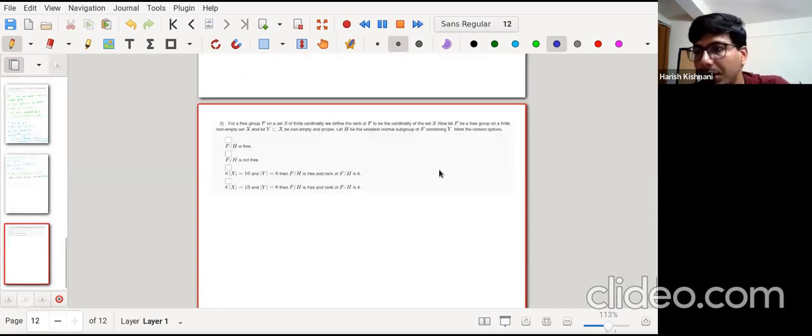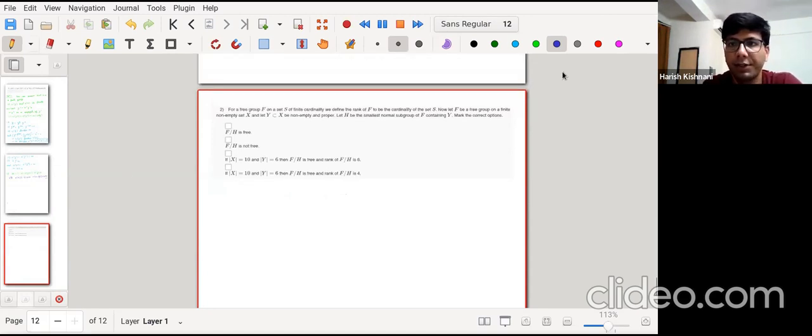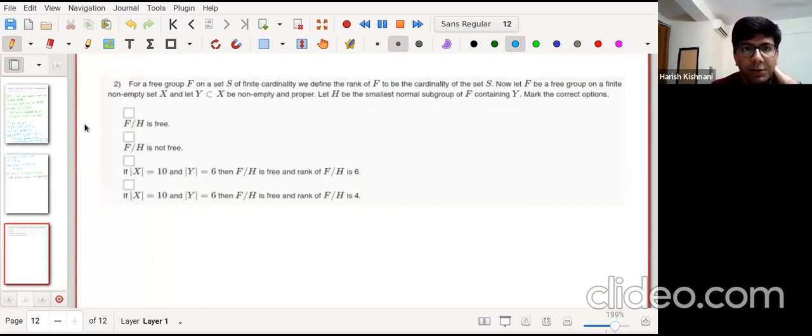So let's see the last question, which is in fact the second question, and it's interesting. That's why I kept it at the end. So for a free group F on a set S of finite cardinality, we define the rank of F to be the cardinality of the set S. Now let F be a free group on a finite non-empty set X, and Y is any subset of X which is non-empty and proper.